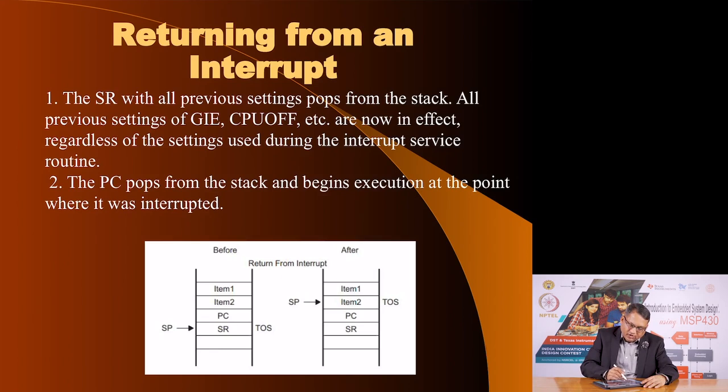The status register of the previous setting will be popped from the stack, which means when you had been interrupted in the main program, the status register was saved on the stack, it will be recovered, and the program counter is also recovered from the stack, that value put in the program counter register, so that you can resume executing the program which got interrupted, which got suspended, that we call as the main program. So, this is shown here.